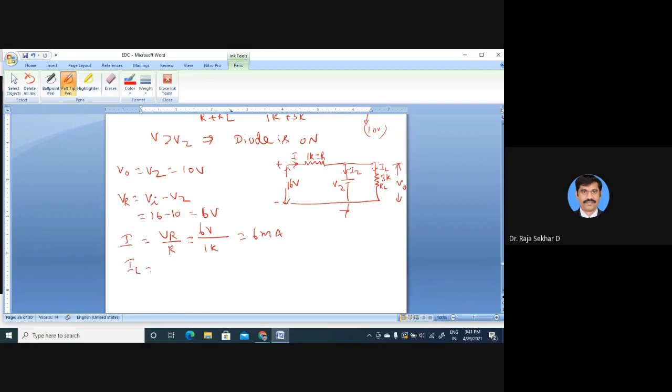IL is Vz by RL, that is 10 by 3K, which means 3.33 milliamperes.